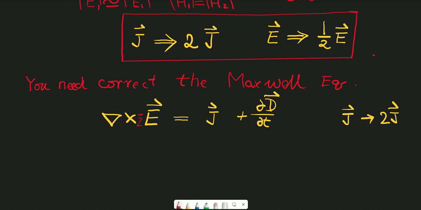Put a half here. Here also put a half. That is also okay. That means you use E field to change it. You do this convert.